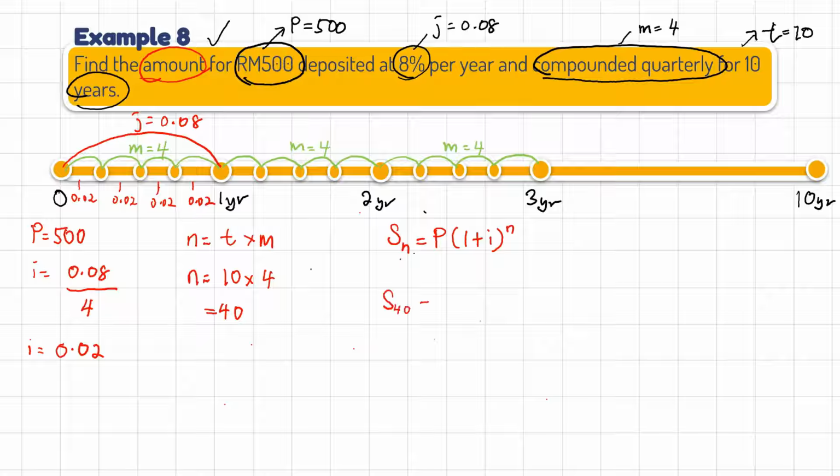S40 will be equal to P is 500, (1 + i is 0.02)^n is 40. Press your calculator and you will get S40 is RM1,104 and 2 cents. So this is your answer for S40.